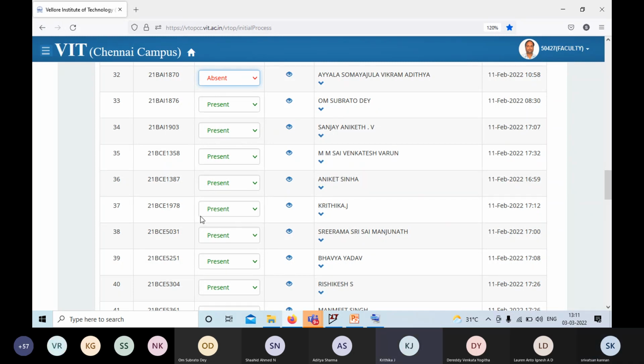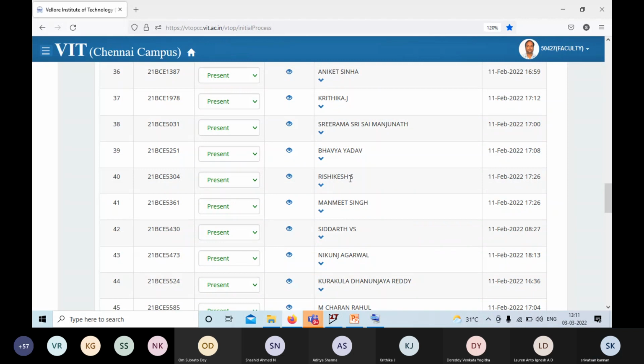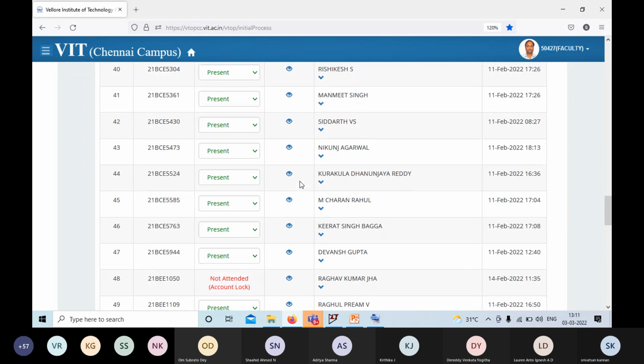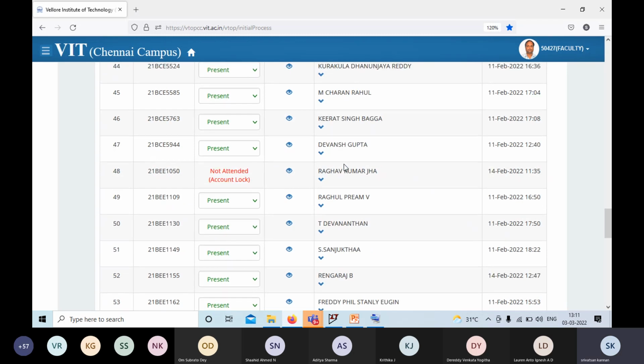Kritika, present, sir. Sriram Sai Manjunath, present, sir. Bhavya Yadav, yes, sir. Rishikesh. Mamit Singh, present, sir. Siddharth, present, sir. Nikunj Agarwal, present, sir. Dhananjaya Reddy, present, sir. Charan Rahul, present, sir.